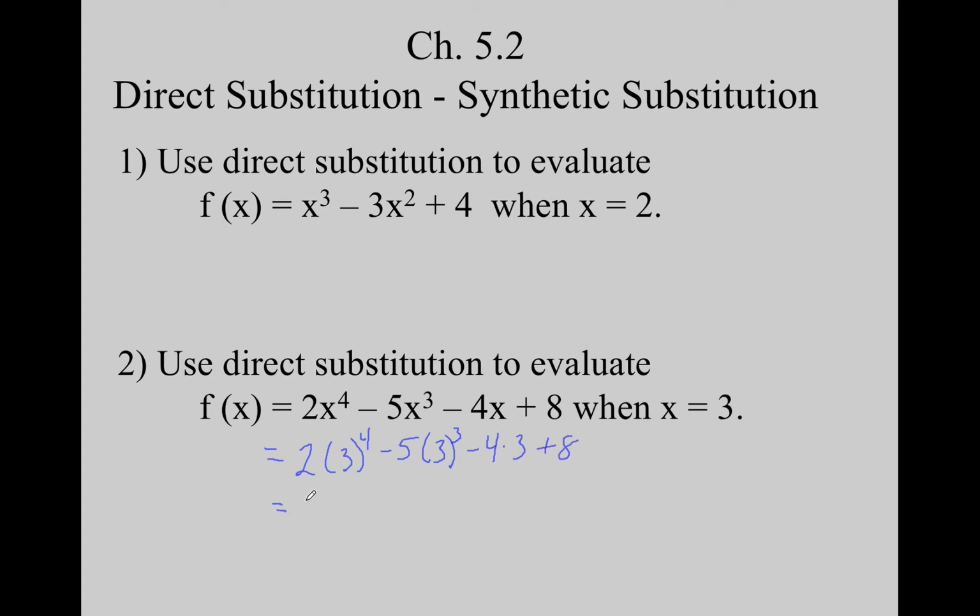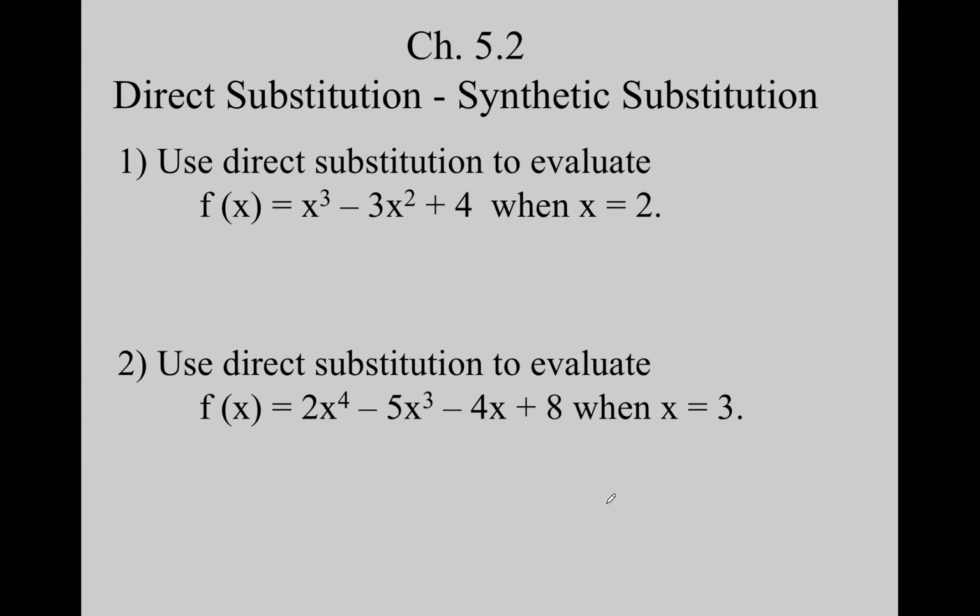Okay, 3 to the 4th is going to be 81. 3 to the 3rd is 27. 2 times 81. 5 times 27. Final answer is 23. Okay, so you should be able to do that direct substitution from before.